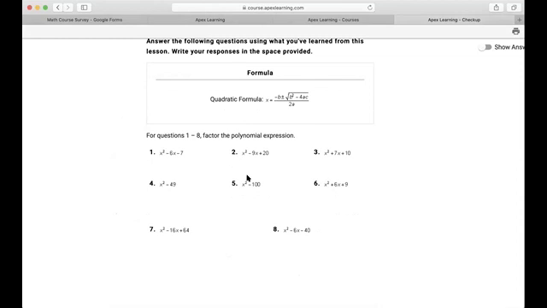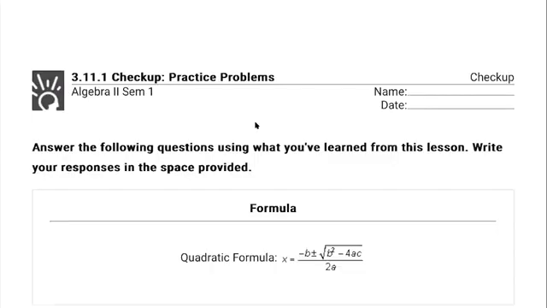I'm trying to load this on my iPad so we can walk through it together and choose a couple of key examples. All right, perfect, I've got this on my iPad. Let me share this out with you all.